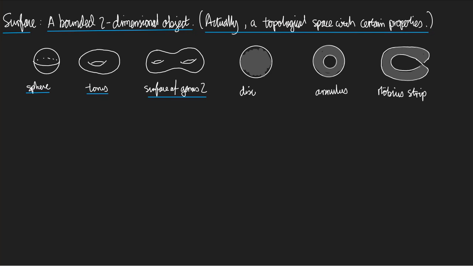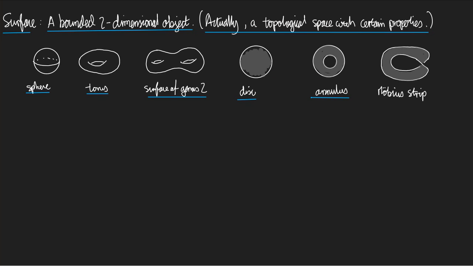Next, continuing, we have the disk. This is the set of all vectors in the plane of length 1 or less. In particular, these points around the edge, I'm including them. And I've shaded it in to show you that it's flat and living in the plane. The first three cannot live in the plane. The next one is the annulus.